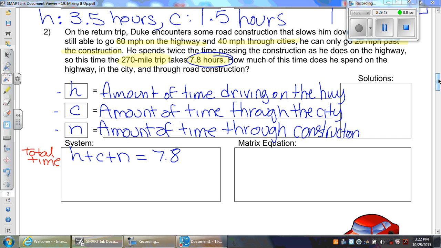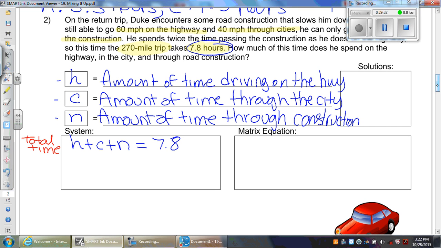Our second equation is going to represent the total distance. And for distance, we're going to keep using that formula that says that the distance is the product of the speed times the time. So for the first one, what was the speed driving through the highway? 60.